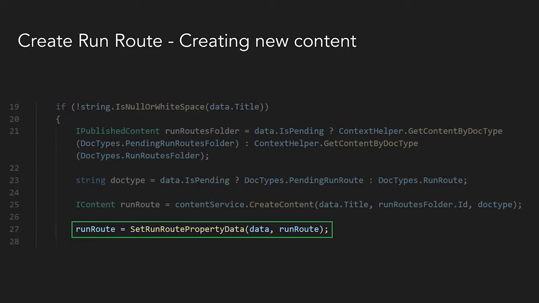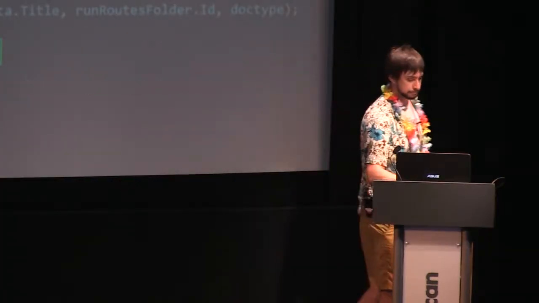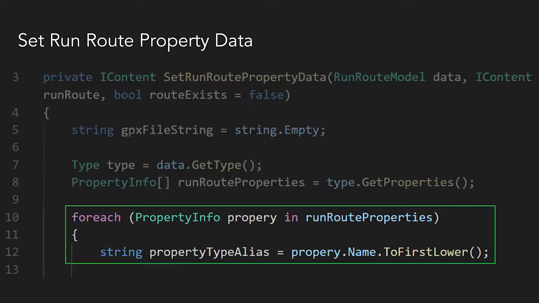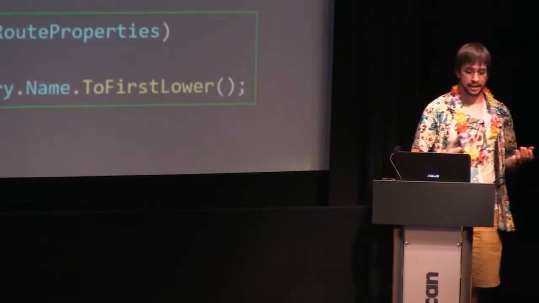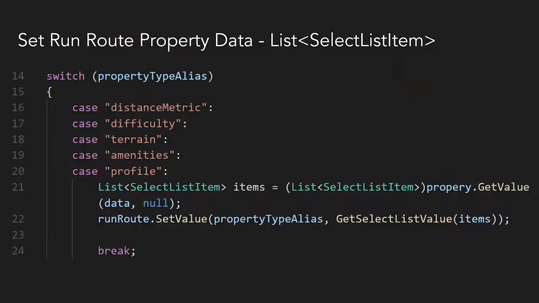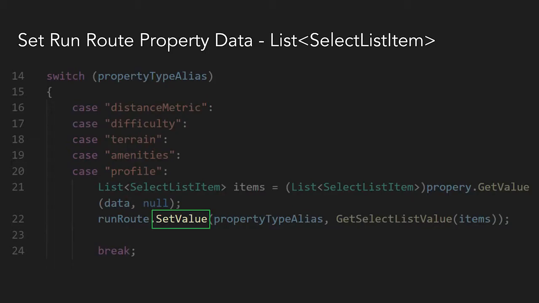Now we need to actually set the data of this new bit of content with what they've sent us. So again, we're just going to check through the data they've given us, match it to the aliases that exist in the doc type in Umbraco. And then it's just a case of, once again, going through the values that they've sent us and using the set value, which is on the IContent.